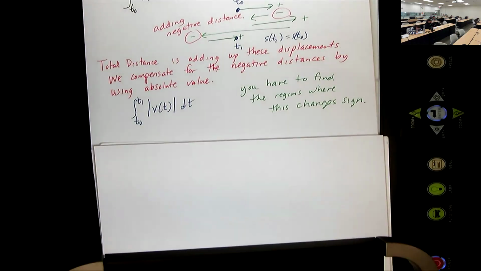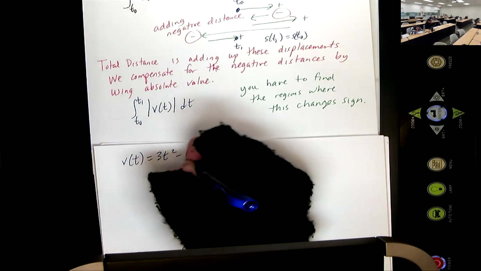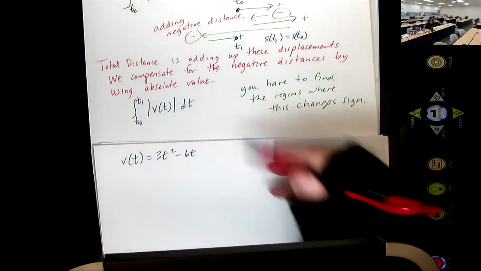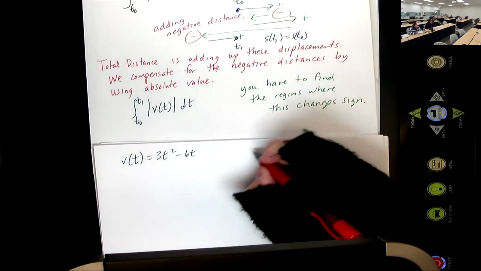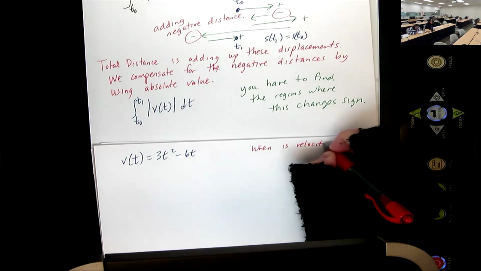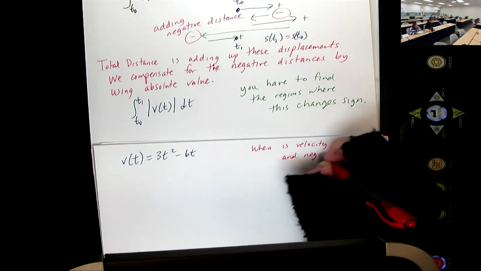So let's say v of t equals 3t squared minus 6t. Let's look at when velocity is positive and when it's negative. How can I do that?